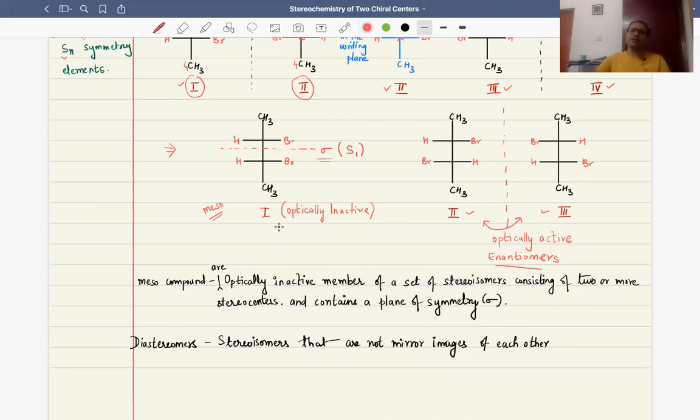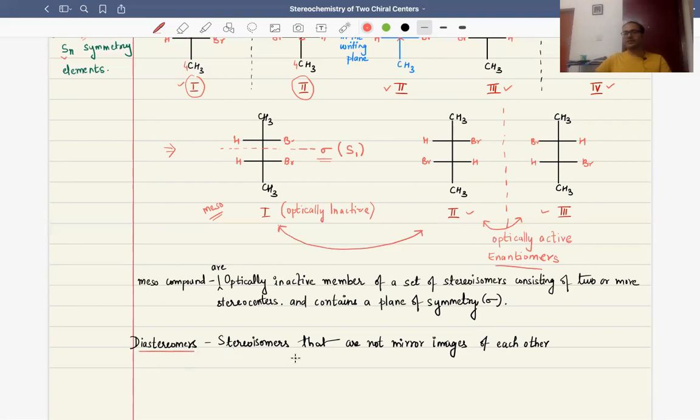Now, if you ask me what is the relationship between structure number 1 and structure number 2, these two stereoisomers of the same molecule, they are not mirror images of each other, and therefore such stereoisomers of the same molecule which are not mirror images of each other are called diastereomers.